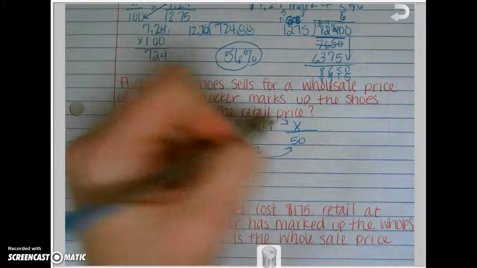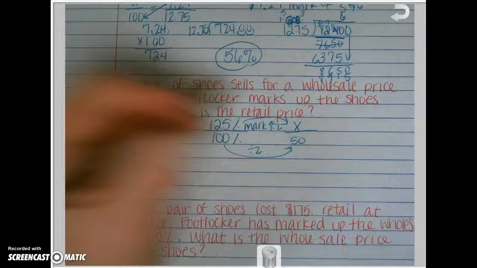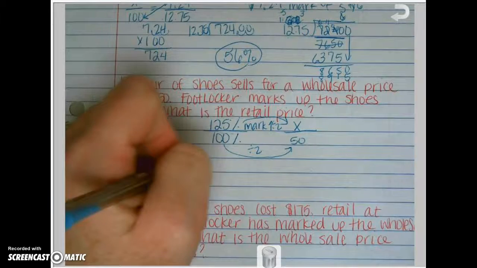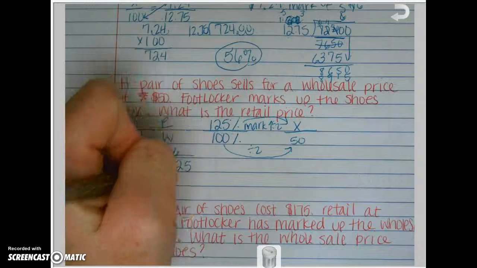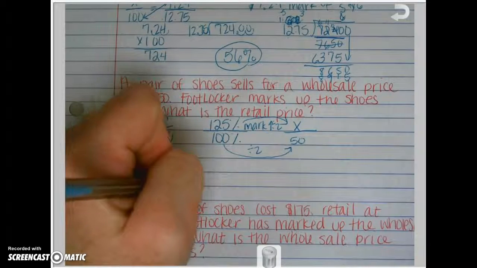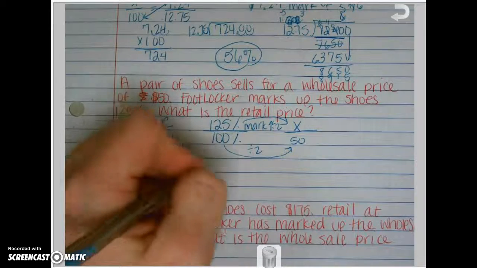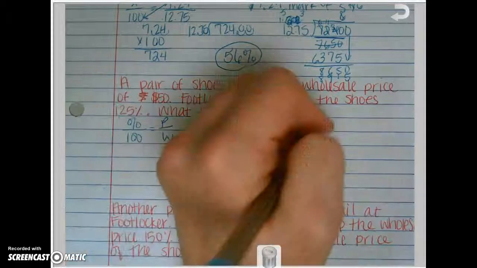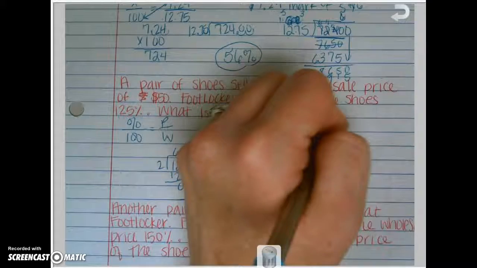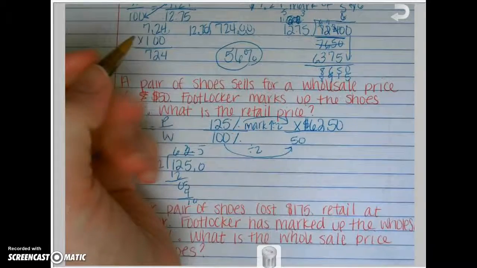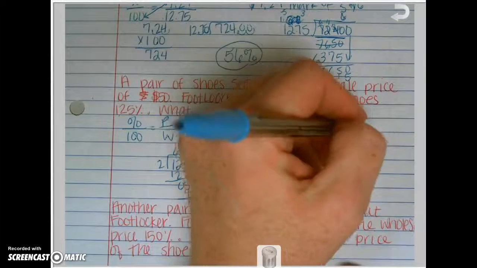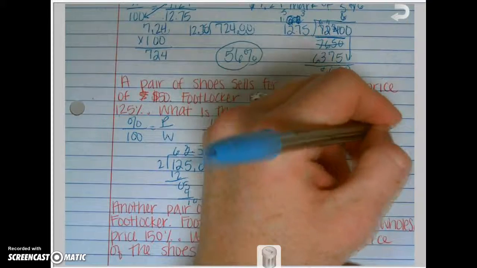For 125%, I would do the same thing, and I would divide by 2. So 125 divided by 2, and I get $62.50. $62.50 is my markup. It's not how much they're selling them for, it's my markup.